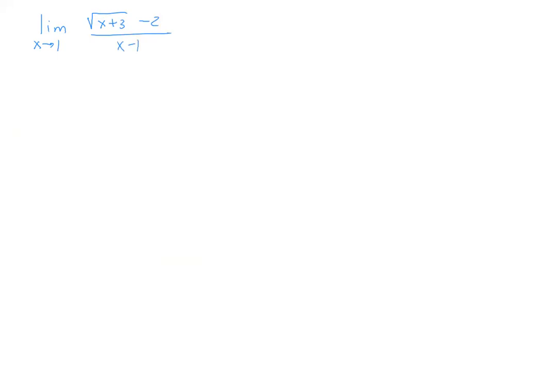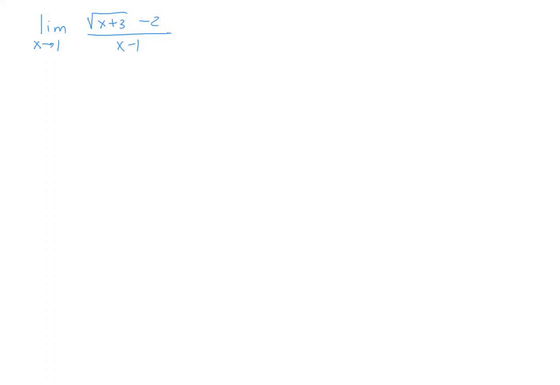Okay, so first of all, it's important to notice that synthetic division does not work here, simply because we don't have a polynomial on the top. But if we try to plug in, we will still get 0 over 0, which means that we might still desire to have some sort of cancellation.